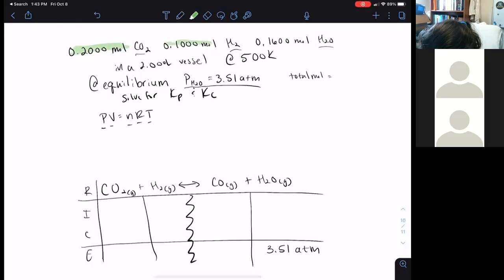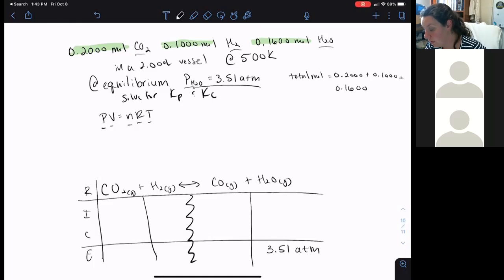We have 0.2000 plus 0.1000 plus 0.1600, which gives us 0.4600 moles.